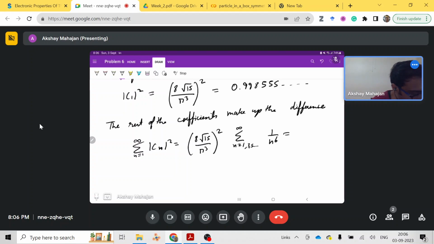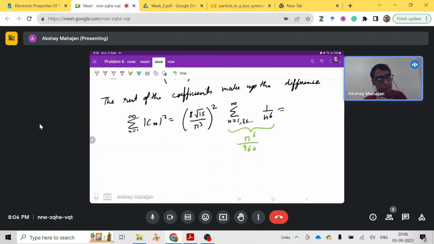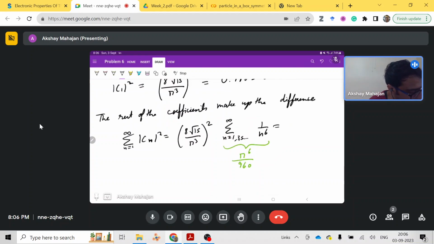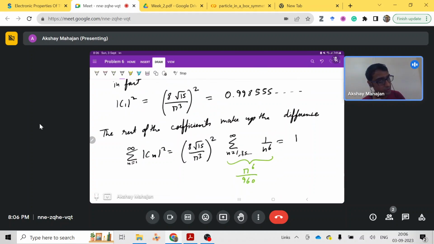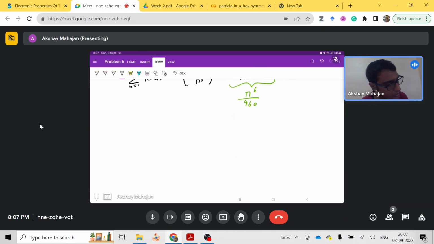This series summation comes as pi to the power 6 divided by 960, and 8 into 15 whole square is also 960. So the pi to the power 6 cancels out, and the value comes as 1. The rest of the coefficients will be just 1 minus this, which is a very small value. So our function is dominantly made up of the ground state of the particle in a box.